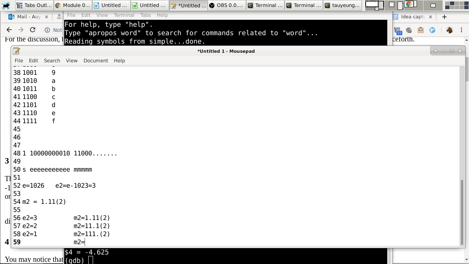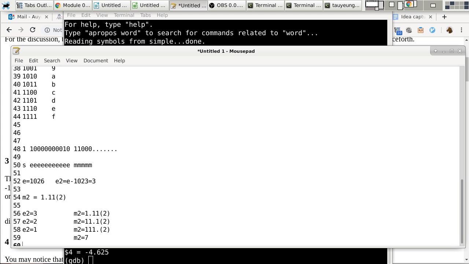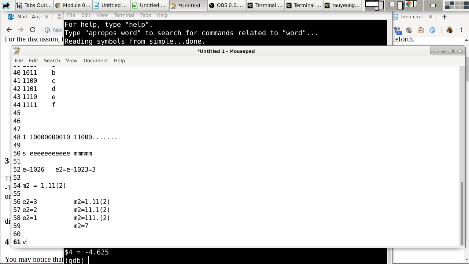This is just 7 in base 10. So the value represented by this particular floating point number is -1 times, because the -1 comes from the sign being a 1, times 7 times 2 to the power of 1, which we know as, hey, it's just -14.